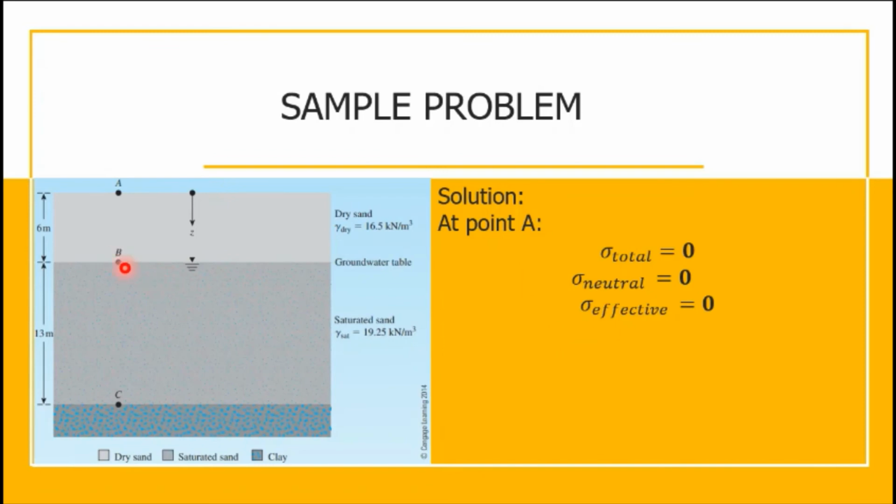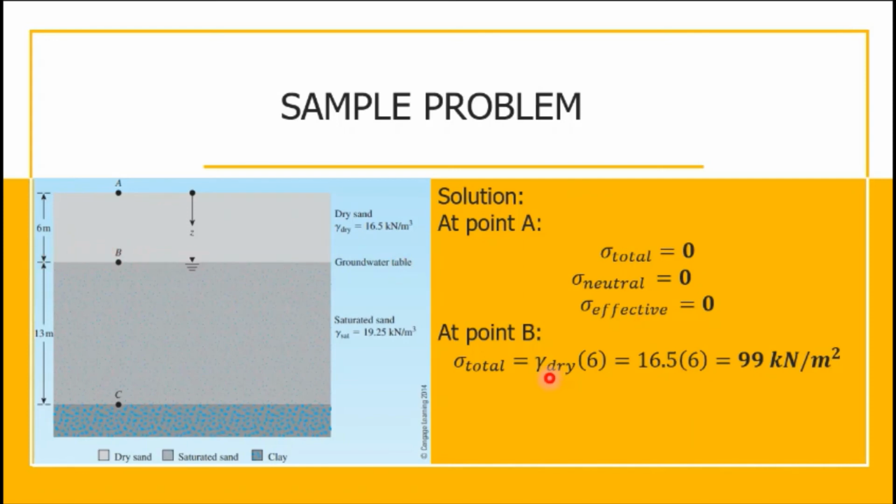Let us look at point B. If you're to get the stress at point B, the total stress is equal to the dry unit weight of this soil multiplied by the height. So the height from the ground surface is 6 meters down to this layer.